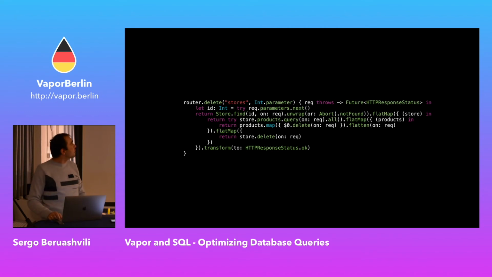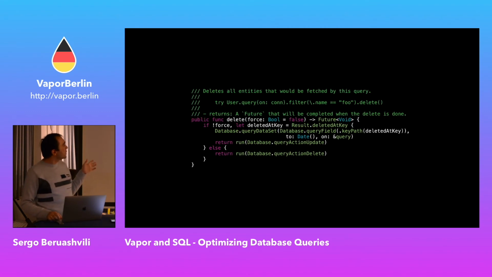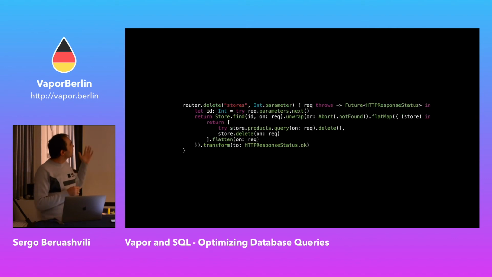Where actually Vapor and Fluent allow you to directly put a delete method on the query. So instead of returning the objects in memory and then manually calling delete, you can directly delete in the database, and Vapor is gonna generate the proper query, and you can use this kind of code to directly delete those products in this case, and then delete your store.